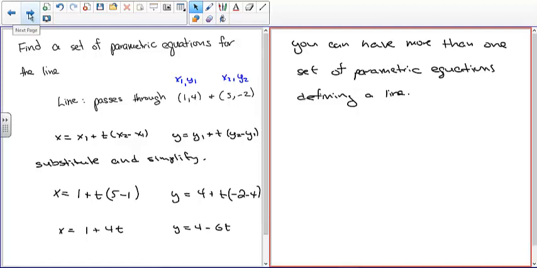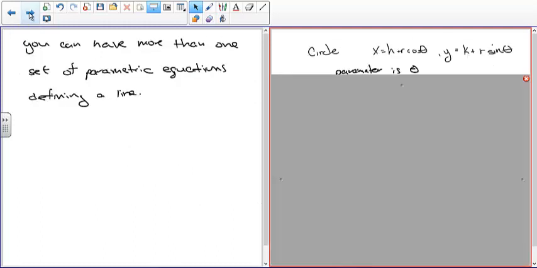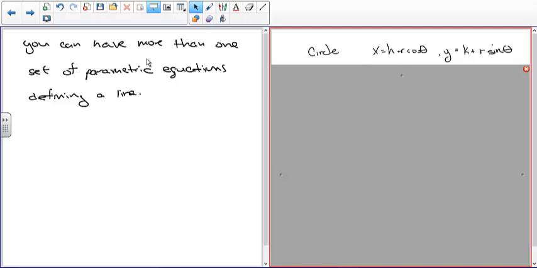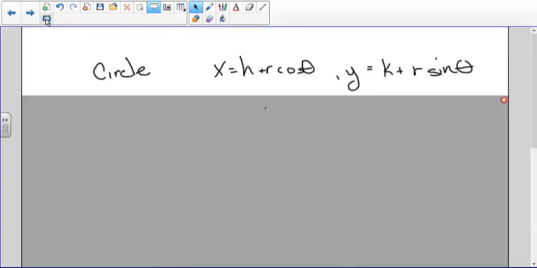You can have multiple parametric equations defining the same curve.